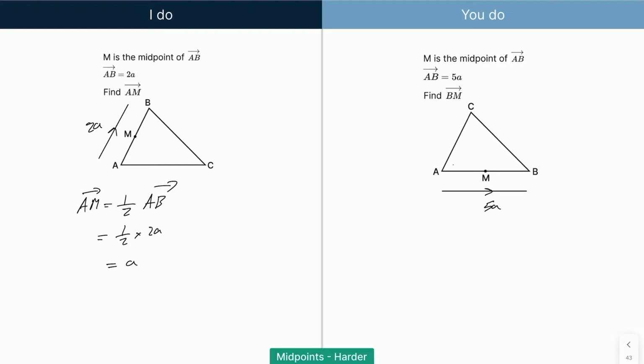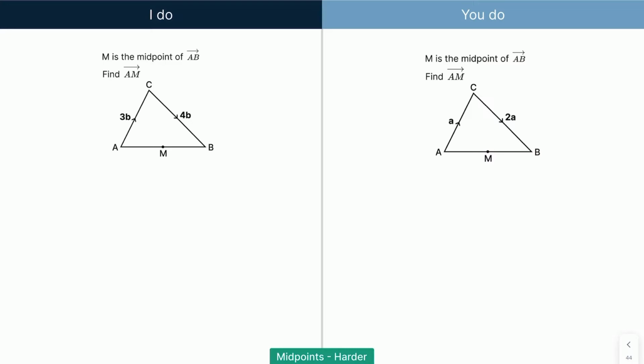If it helps, you can label this as 2.5A, and this bit here as 2.5A. Now how do you go from B to M? We're heading in the opposite direction to the vector, so B to M is going to be minus 2.5A.